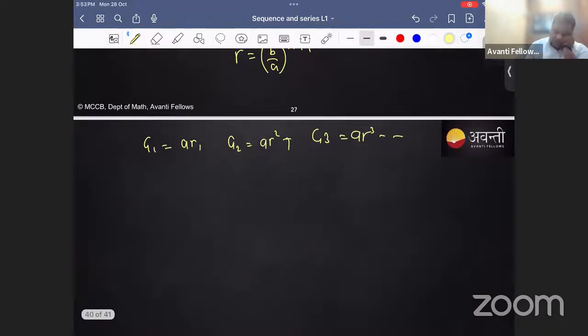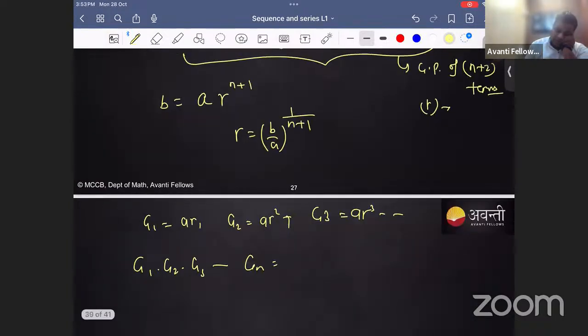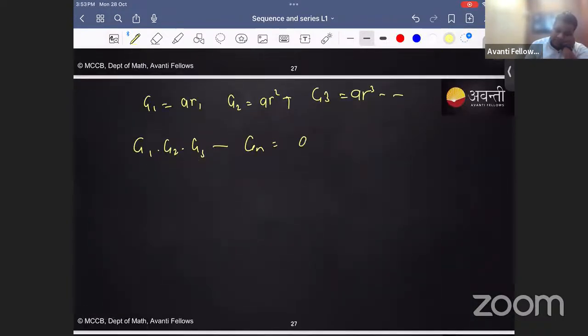One more thing we need to notice: if I multiply all these geometric means, G1 is AR, G2 is AR square, AR cube and so on, the last will be AR to the power n.